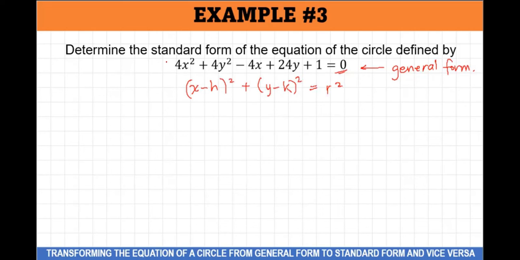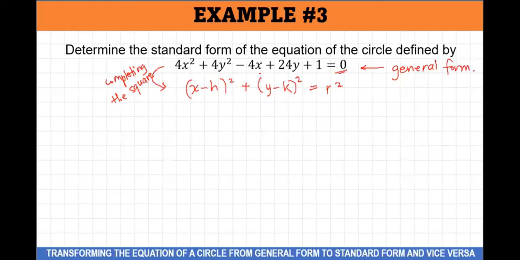So, from general to standard, ang pinaka-kailangan natin gawin ay completing the square. Okay? Kasi kung napapansin nyo, you have here separate x minus h squared and y minus k squared. So, ito, iko-completing the square lang din natin siya.